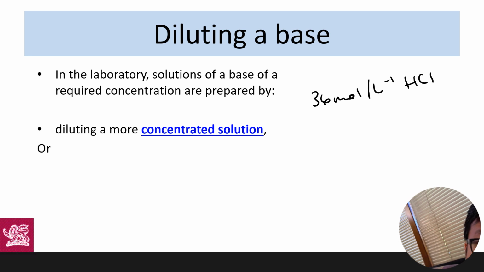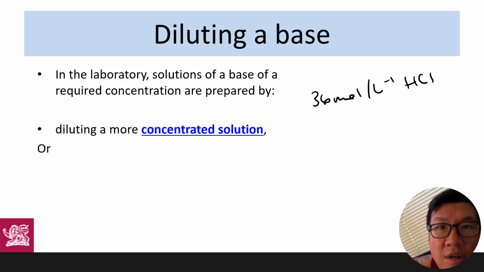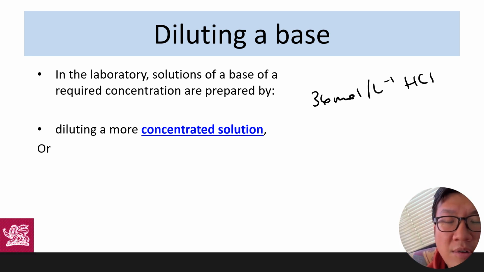So in order for it to be lab safe, we need to dilute it to a concentration that's safe to work with. There's still some hazards related to it, but safer than 36 moles per liter.